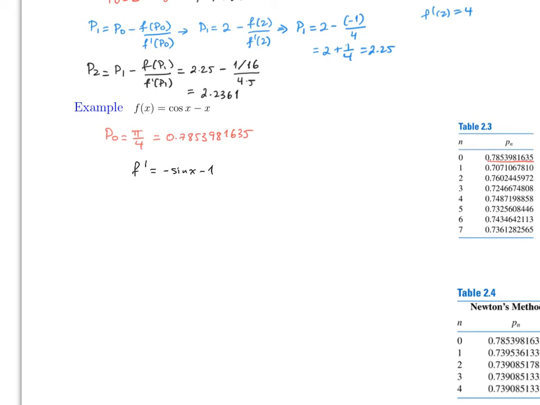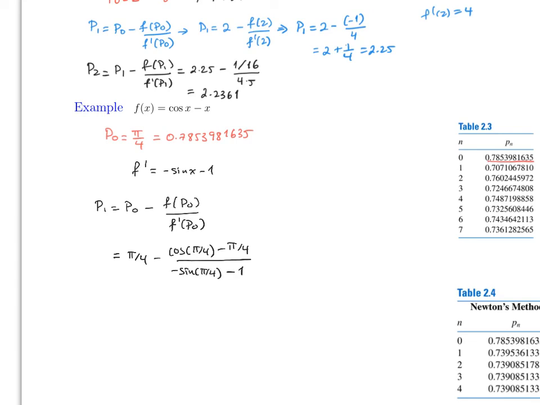So therefore we use the method, and P1 will be equal to P0 minus f of P0 divided by f prime of P0, which in our case will be pi over 4 minus cosine of pi over 4 minus pi over 4, divided by minus sine of pi over 4 minus 1.